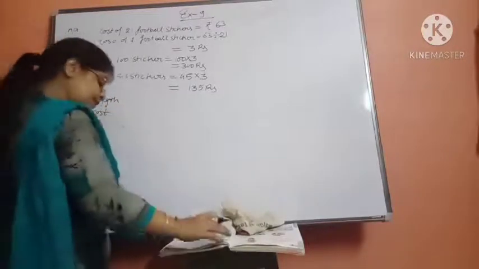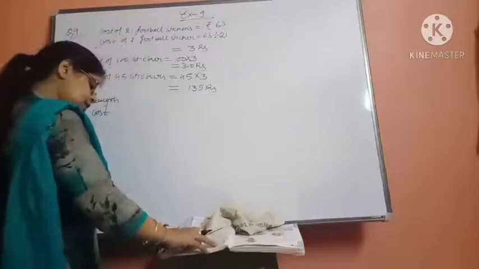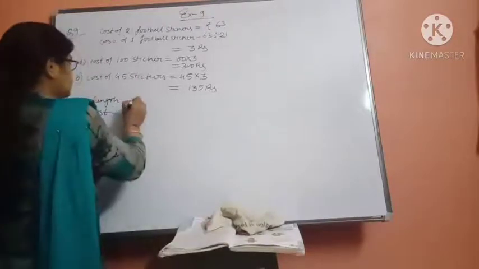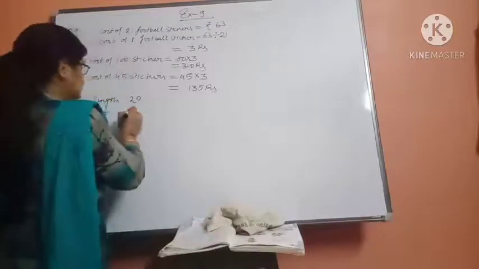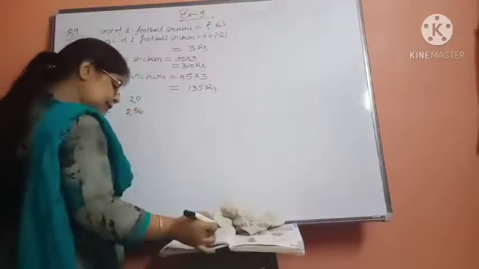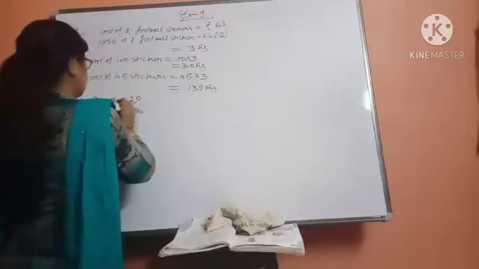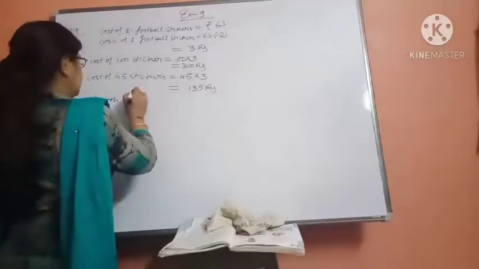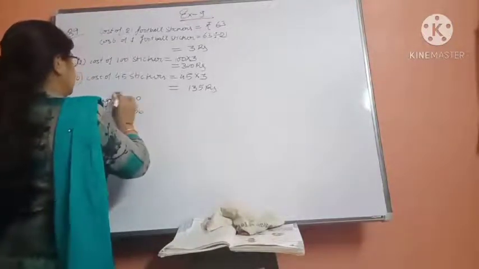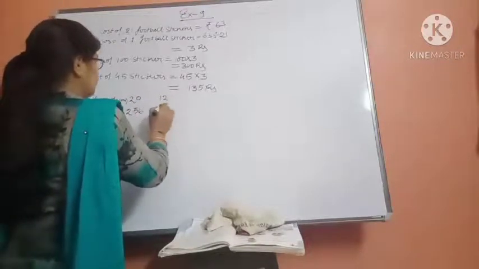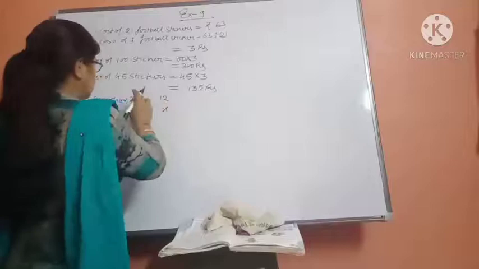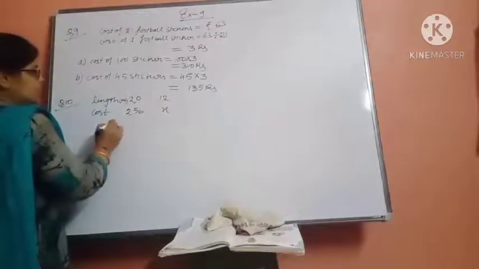How much length? 20 meters. 20 meters cost is how much, beta? 250 rupees. Now see 12 meters, here length in meters. So what will the cost of 12 meters be? It will be less, x. So do it by direct variation.